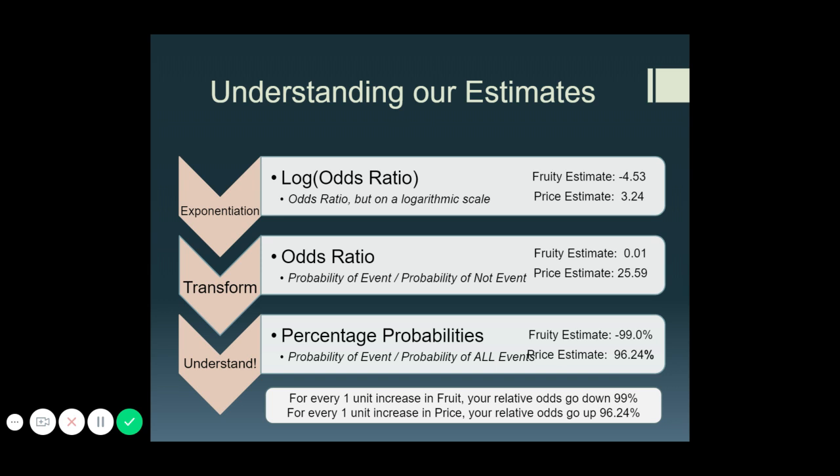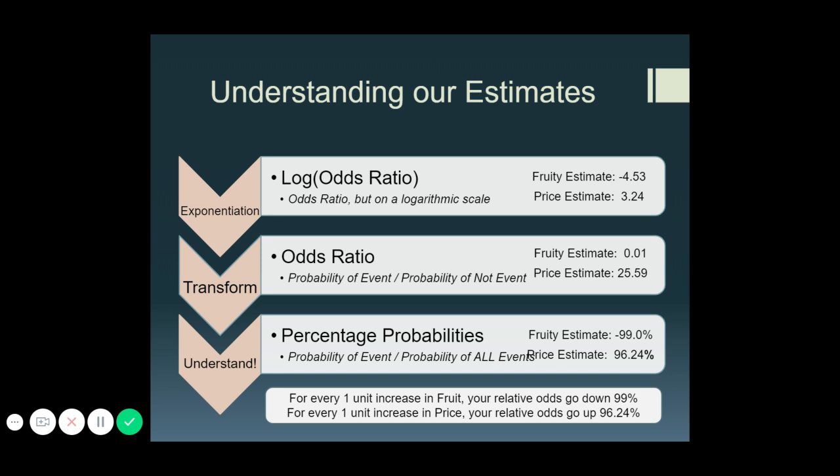But in order to get that into actual percentages, you have to transform it using an equation that goes from the probability of an event happening over it not happening into the probability of it happening over all of the events. This gives us estimates of fruity being negative 99% and price being 96.24%. What this tells us is that for every 1 unit increase in the probability of it being fruity, it is categorical.